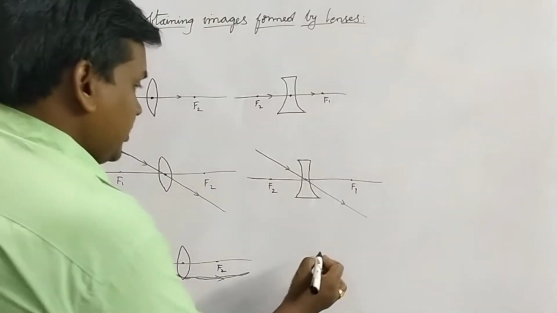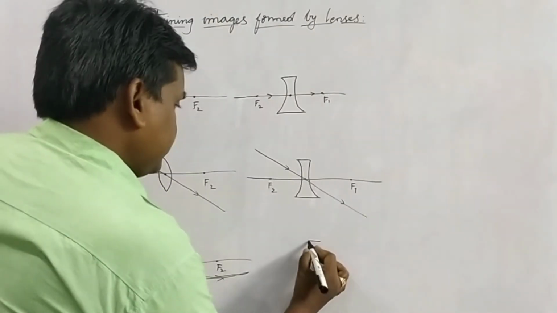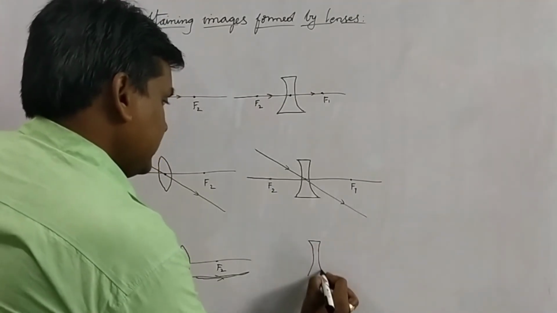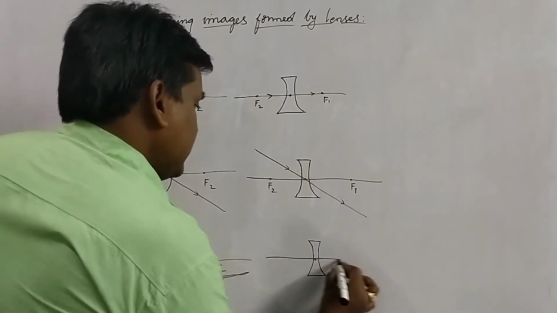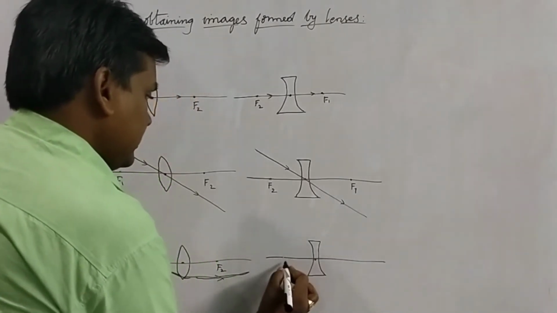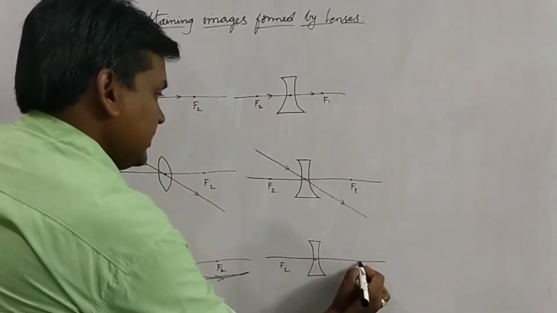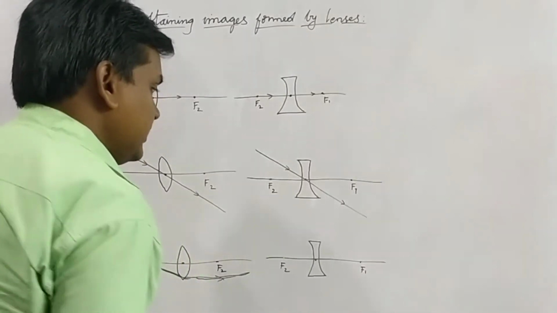And the same situation if you consider for a concave lens. This is the concave lens, this is the optical center and this is the principal axis. This is the focus for the second surface and this is the focus for the first surface.